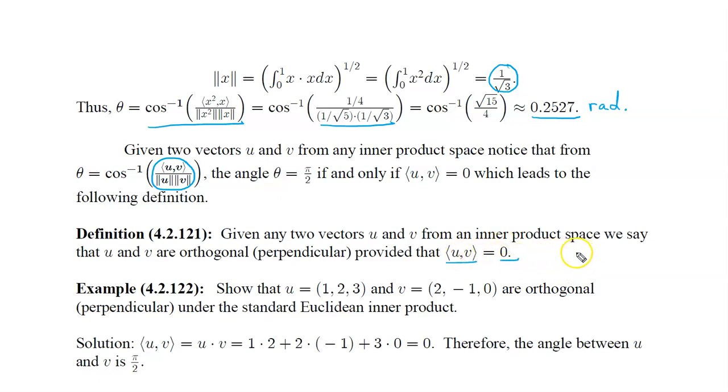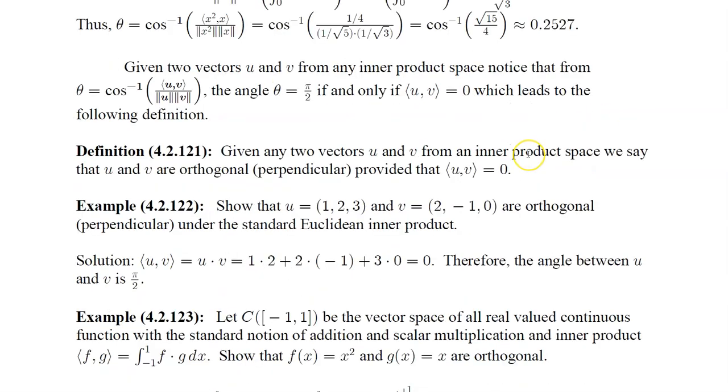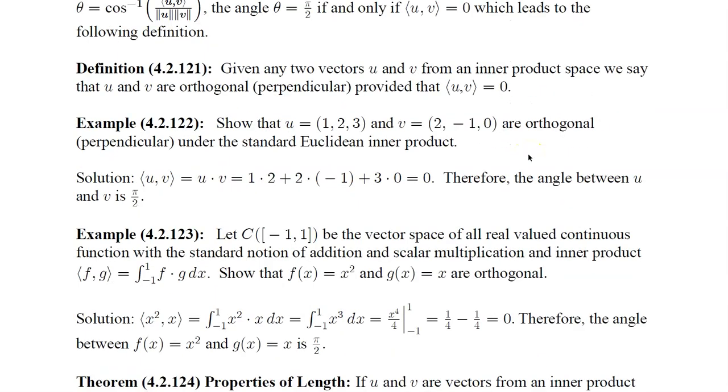Recall when we were dealing with dot products, we had u dot v equal to 0. Well, so now what we've done is simply extended this definition to inner product spaces. So here we have a simple example. Let's show that if this is the vector u and this is the vector v, that these are orthogonal with respect to the standard Euclidean inner product.